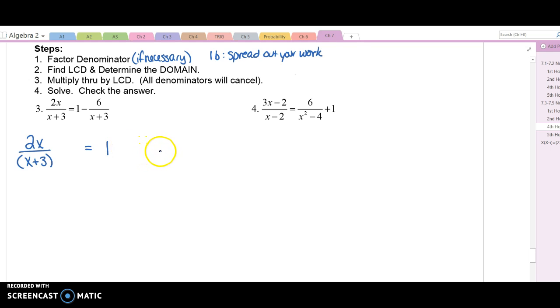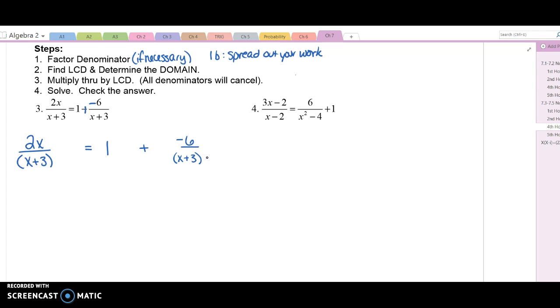Subtraction tends to be a bear, so I'm going to suggest that you change it to plus a negative. So this is going to be plus a negative 6 over x plus 3. It's going to be easier for you if you attach that negative to whatever comes next. So just change it to plus a negative.